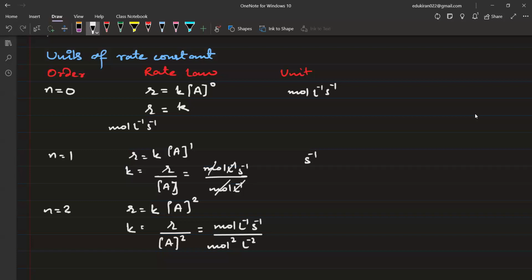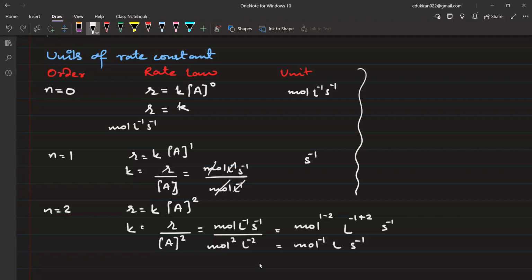So you will get mole to the power 1 minus 2, liter to the power minus 1 plus 2, because it is getting above. Second inverse is as it is. This will be equal to mole inverse liter second inverse. This is the unit when the order of the reaction is equal to 2.